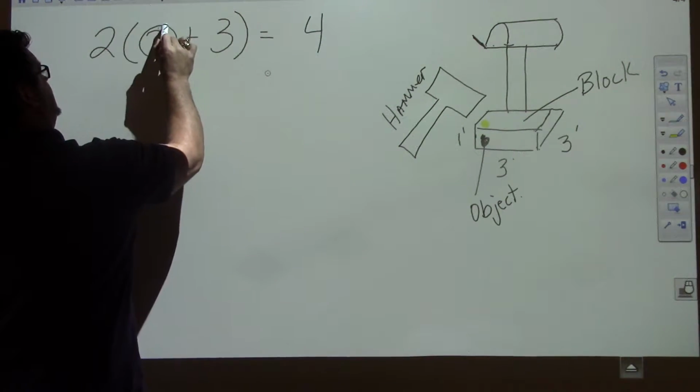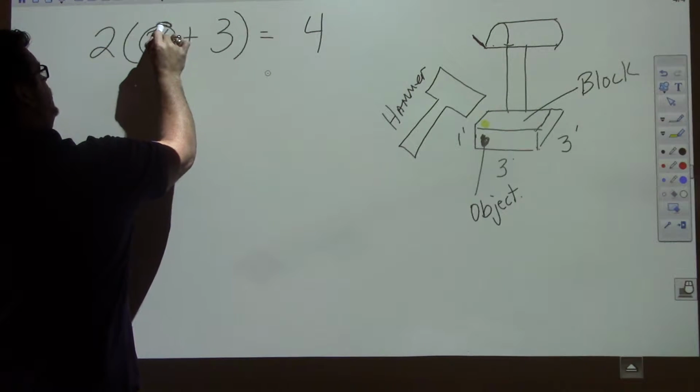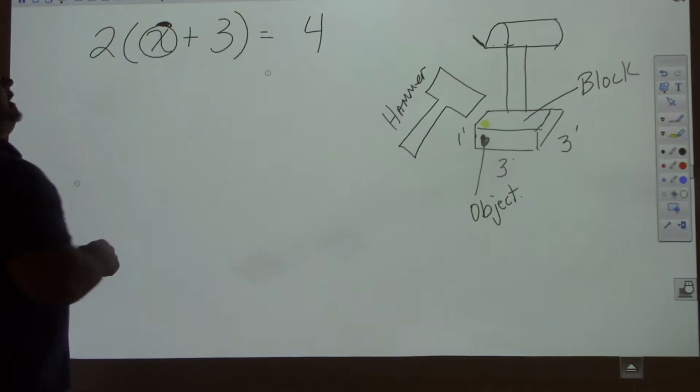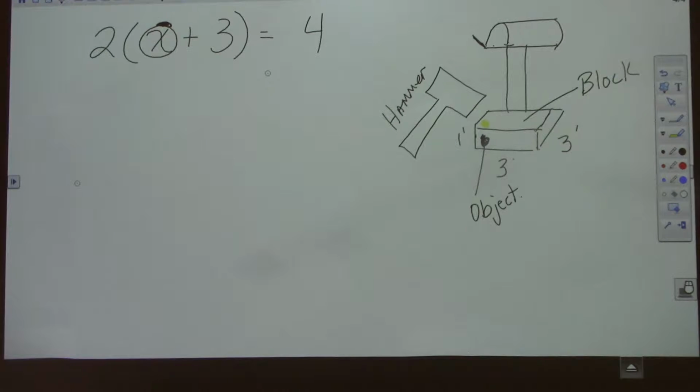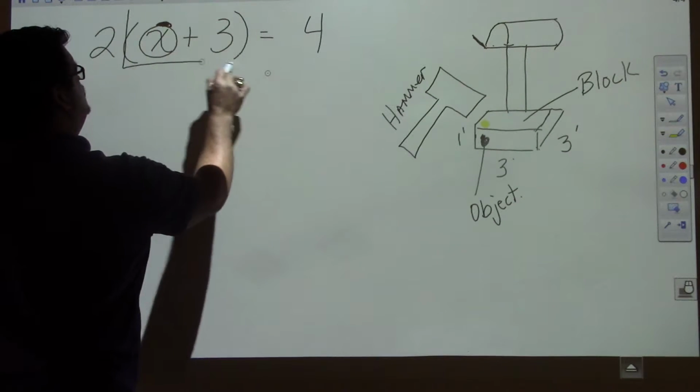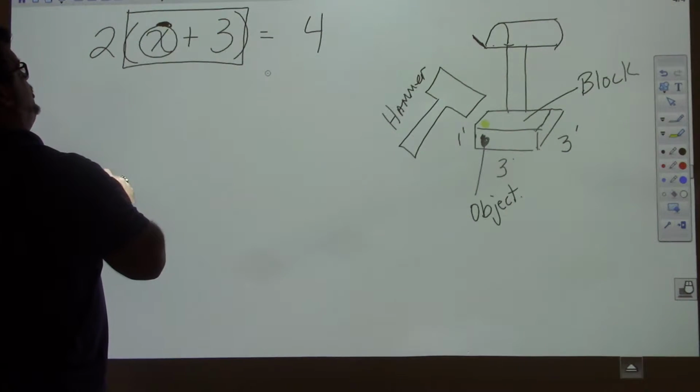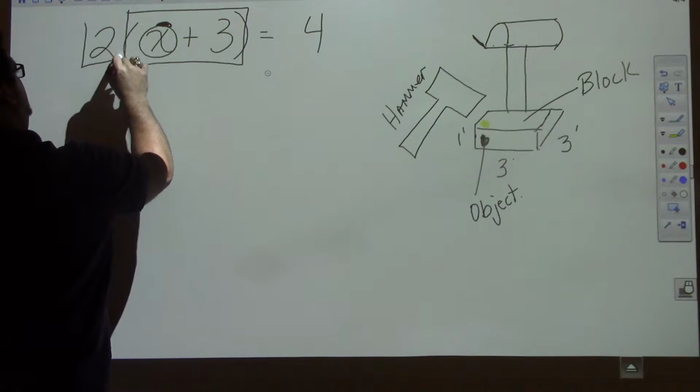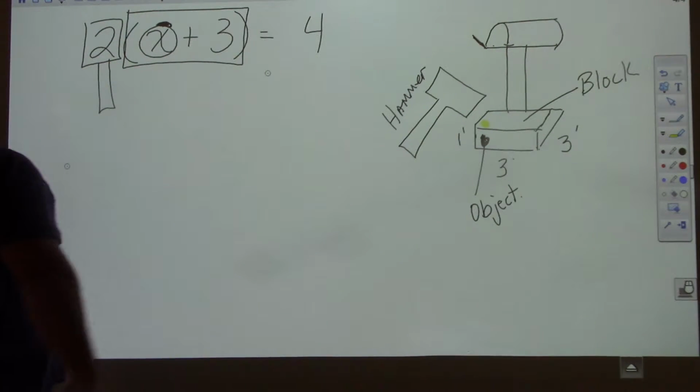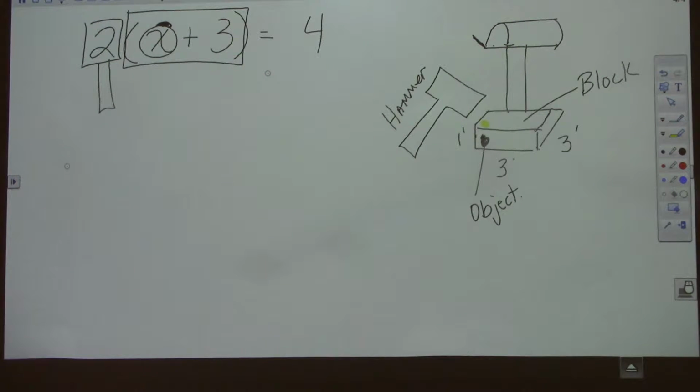The X is our objective. So that's our ring. And it's inside of what? Cement block. And how do we bust up the cement block? With a big hammer. So you got to take that hammer and bust up that block. And that's called the distributive law.